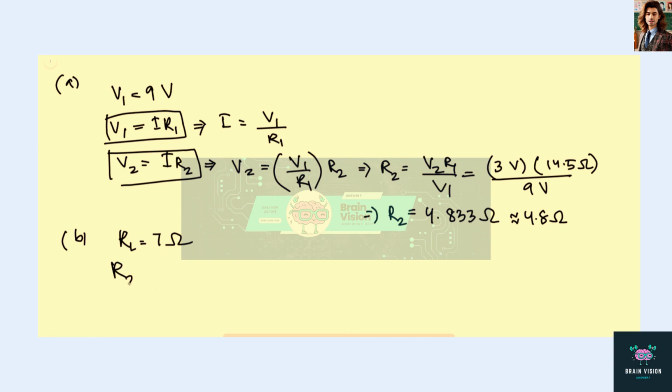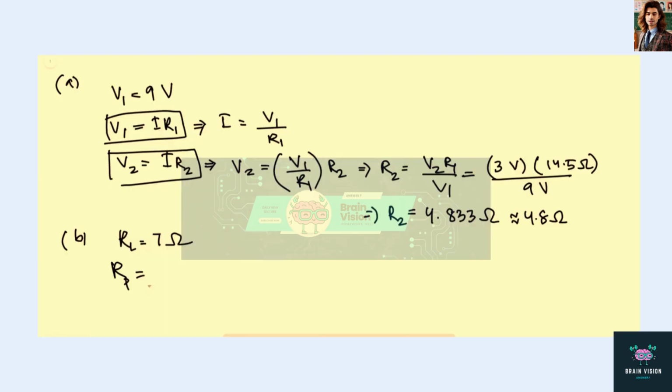So this is the parallel combination of R2 and the load. Let's call it RP. So RP is the equivalent resistance of the parallel combination of R2 and the load resistance. So RP will be equal to R2 times RL over R2 plus RL.